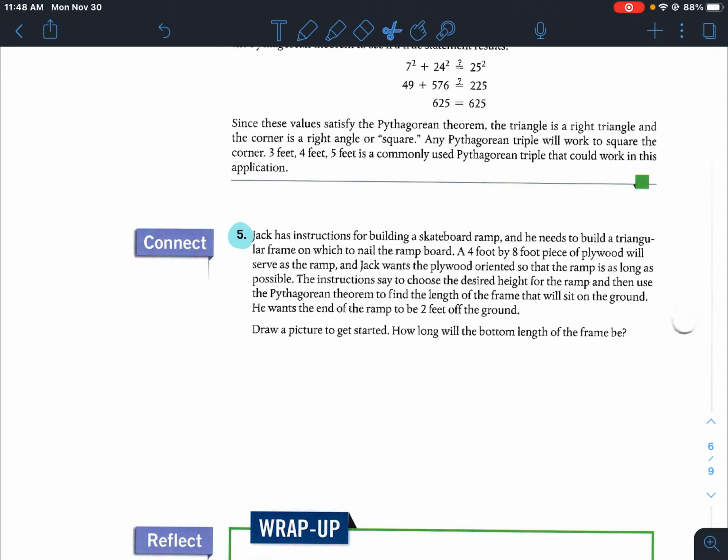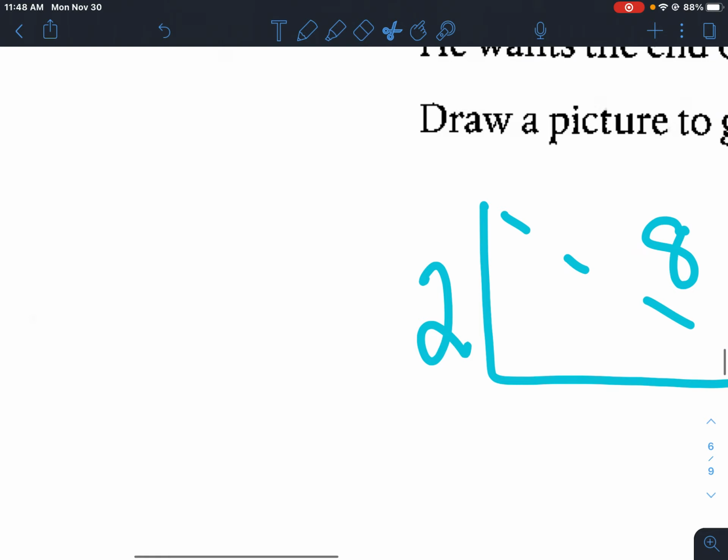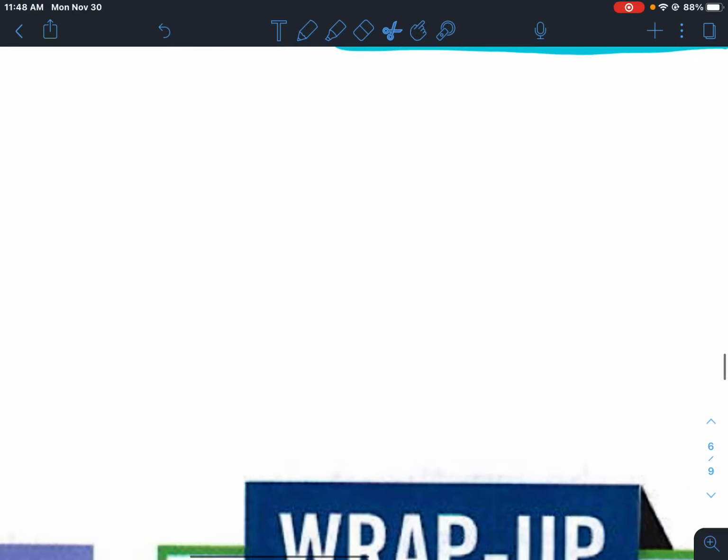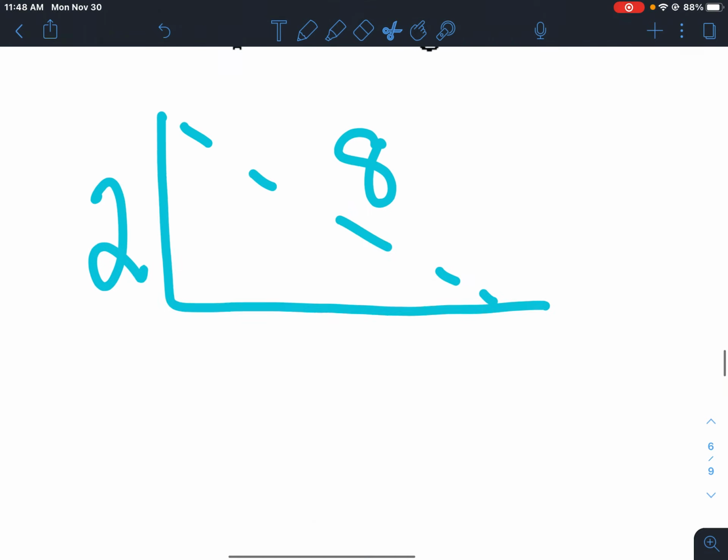I think drawing pictures is great because this was a lot of information. So he wants the ramp to be 2 feet off the ground. I'm going to first draw my triangle, and I drew it 2 feet high. And then why did I put 8 here as the hypotenuse? Well, we were being asked to find the length of the frame, so I don't know this bottom piece.